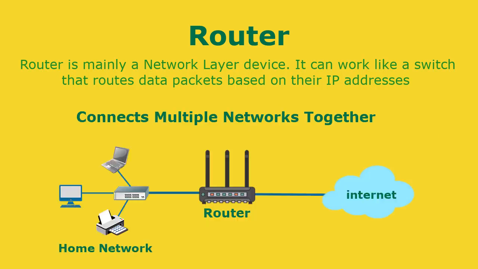What it does more than the switch is connecting multiple different networks together. A router normally connects LANs with the internet or other WANs together. It has the capability to repackage the data and send it over another network.